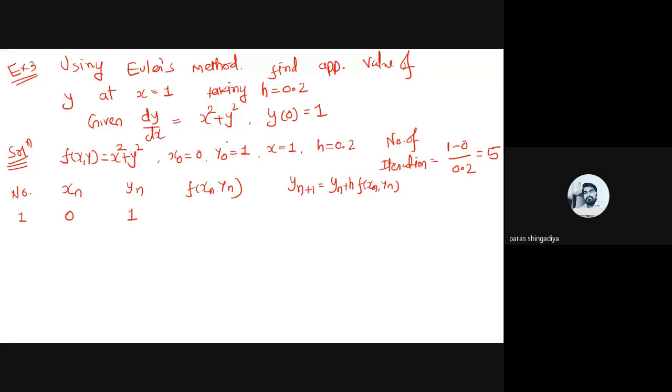The function is x square plus y square, so 0 square plus 1 square is equal to 1. So y1 will be 1 plus 0.2 into 1, where h is 0.2. So 1 plus 0.2 of 1 will be 1.2. So y1 is 1.2.